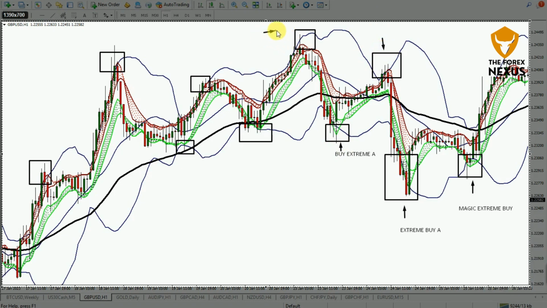This got rejection from the upper band only. Extreme buy. We'll explain later. This one is extreme, and this one is also extreme.